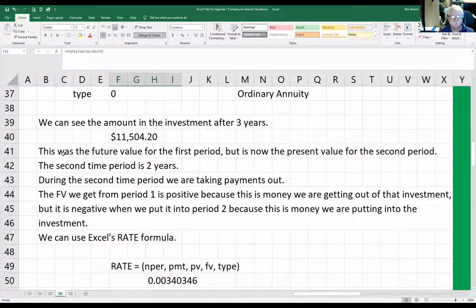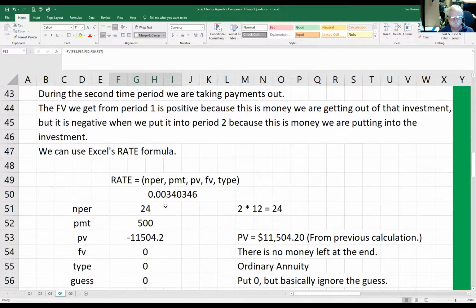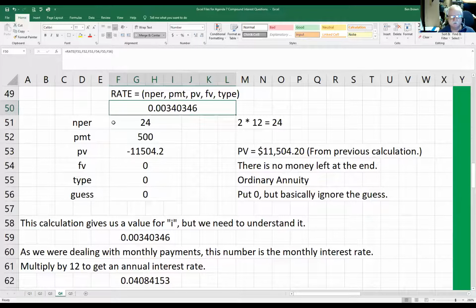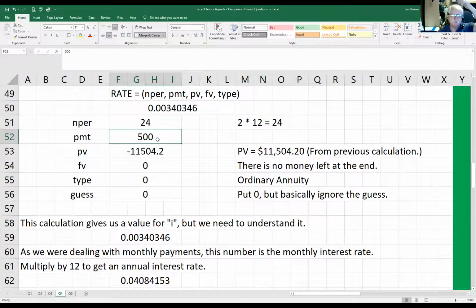During the second time period, we're taking payments out, so we use Excel's rate formula. We can see the number of periods is 24 because it's 2 years, 12 times a year. The payment she's getting is 500, and this is a positive number because she's getting it.